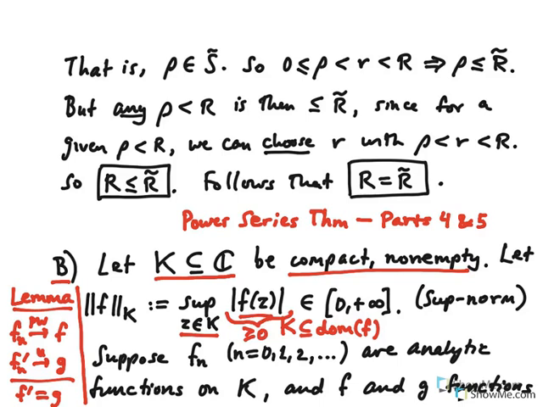Now, usually we write this as maximum, the maximum modulus. But you see, I'm not assuming f is continuous. This expression here makes sense even if f is a discontinuous function. If f happens to be continuous on K, then the modulus of f will also be continuous on K, because the modulus is certainly a continuous function.